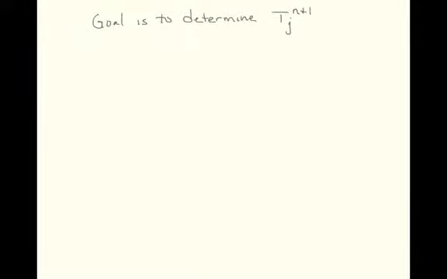And how are we going to do that? Basically, for the temperature, for the time term, we're going to evaluate it at n plus 1, and we'll set a given delta t.